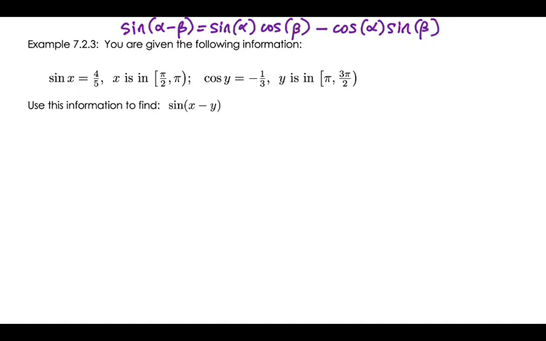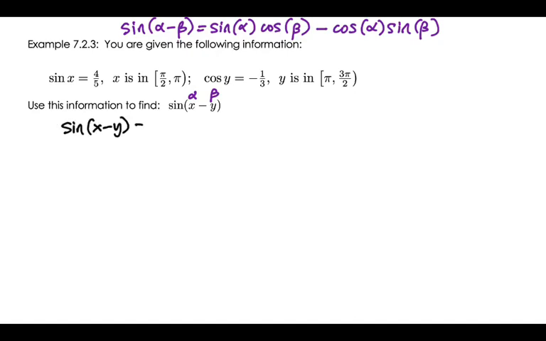There's our subtraction formula for sine. And they want us to find sine of x minus y. So x is taking the place of alpha, y is taking the place of beta. And before I make sense of all that stuff that they told us up above, I'm just going to copy that down.